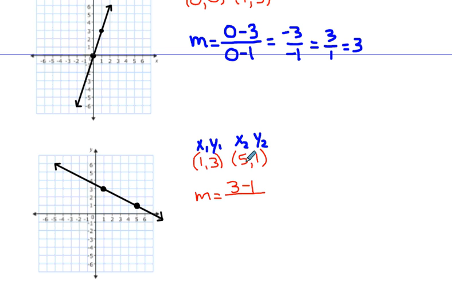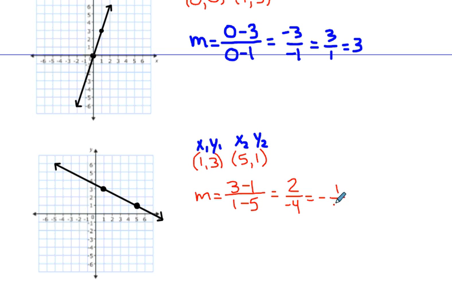So y1 minus y2 is going to be 3 minus 1. And x1 minus x2 is going to be 1 minus 5. I'm going to simplify that. It's going to give me 2 over negative 4.